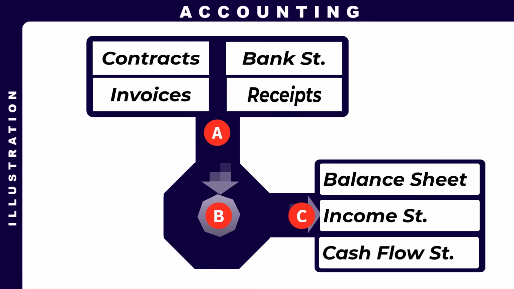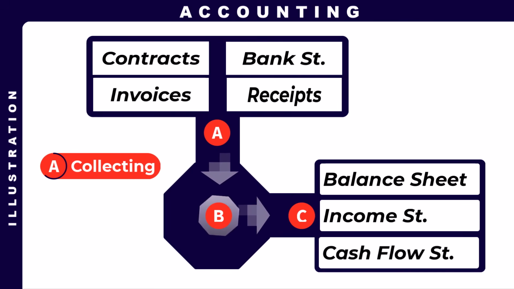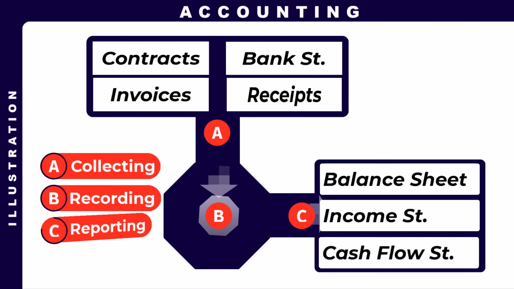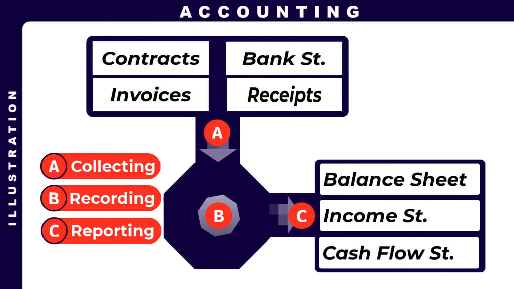Each of these letters, A, B, and C, now represents the core activities in accounting. At point A, the collection of financial information occurs. Point B represents the recording activity, and point C represents the reporting activity. Now, to shine some light on those activities, where do we initially collect raw financial information from?